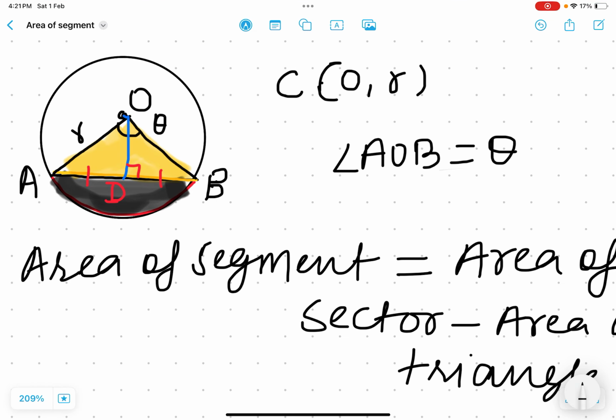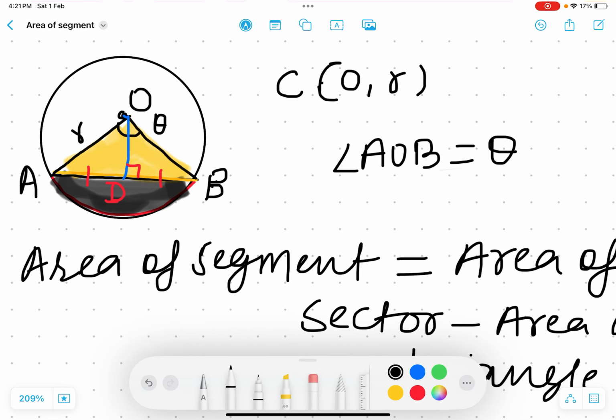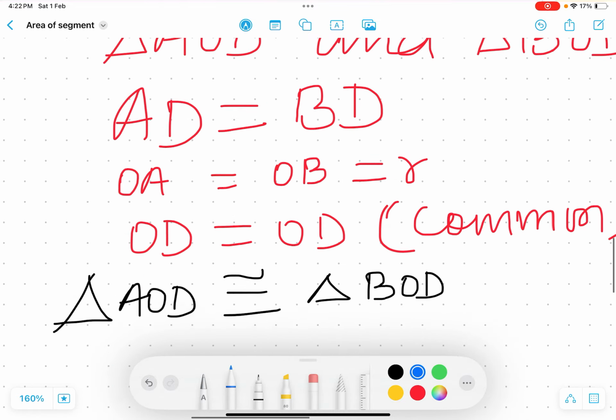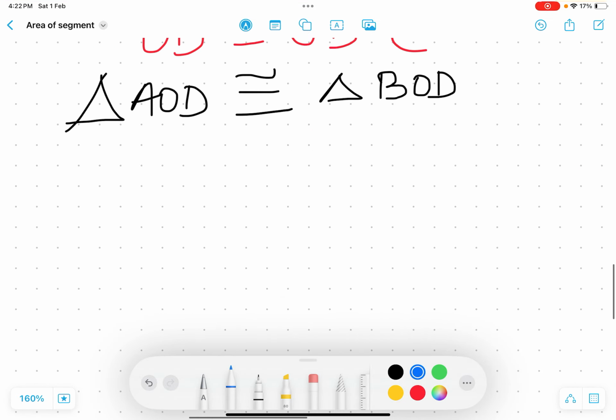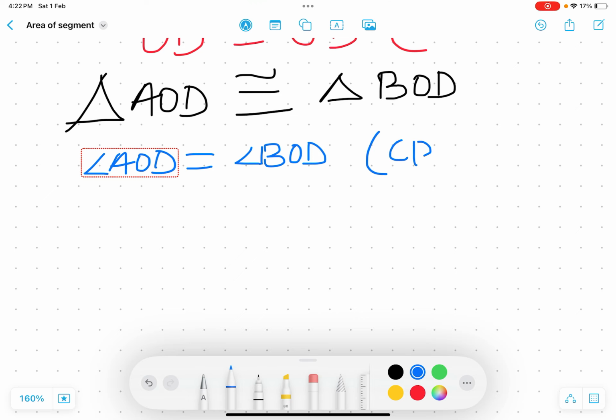So this angle, let me mark this by another color. Angle AOD will be equal to angle BOD, isn't it? You can write CPCT.